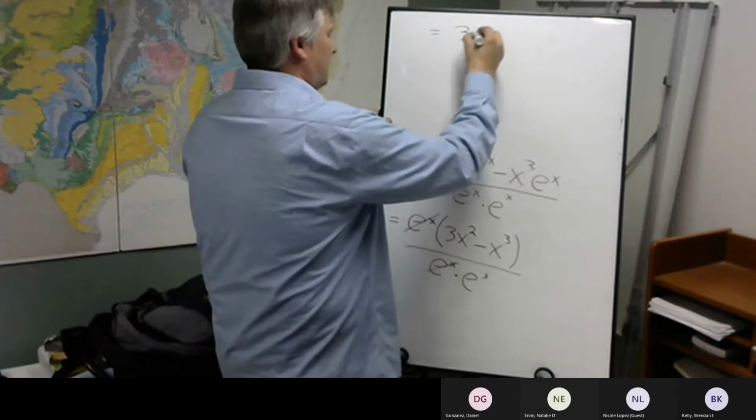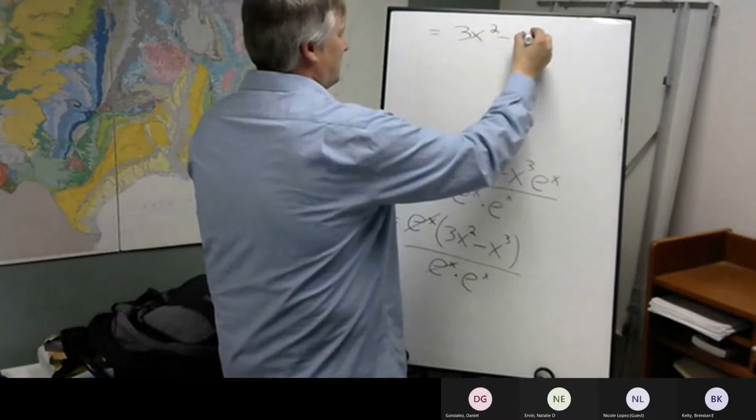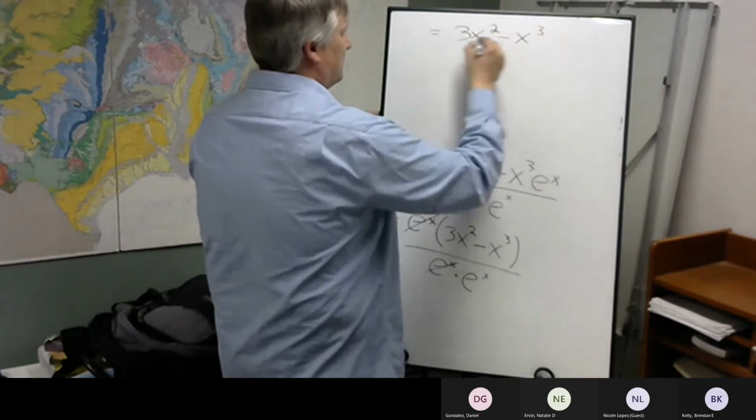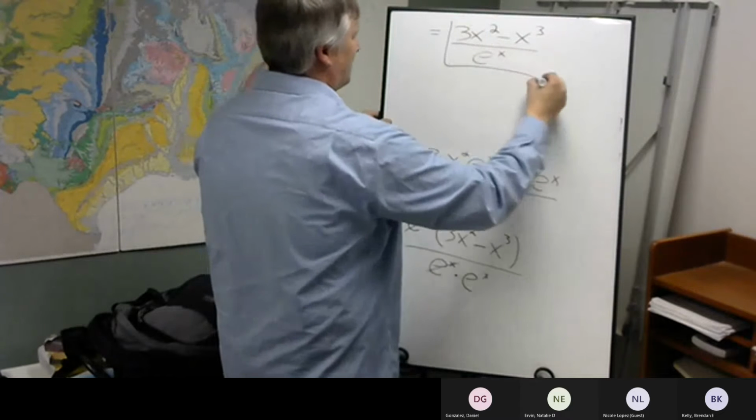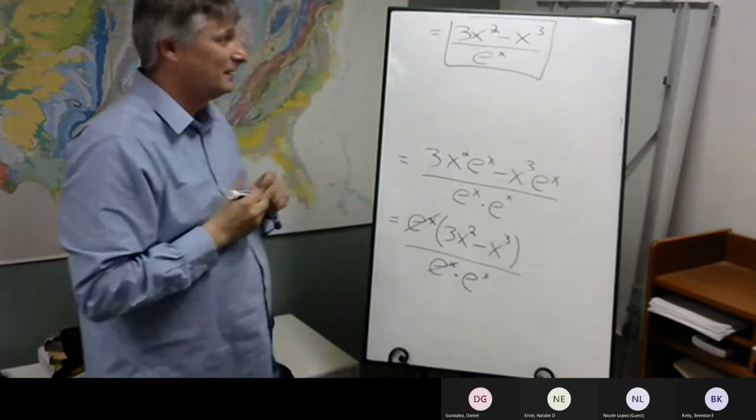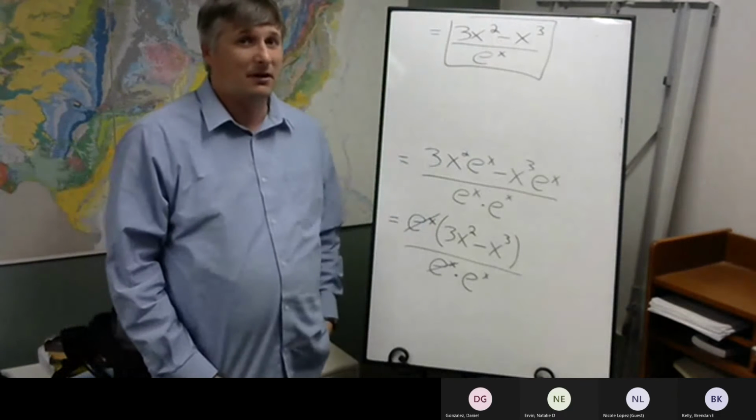We get 3x squared minus x cubed over e to the x, and that's going to be our answer.